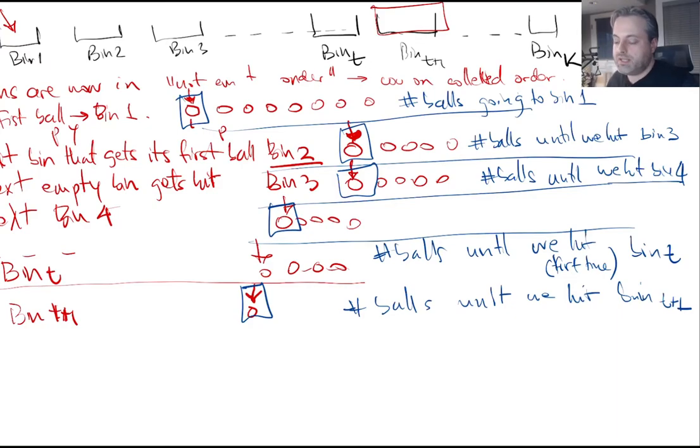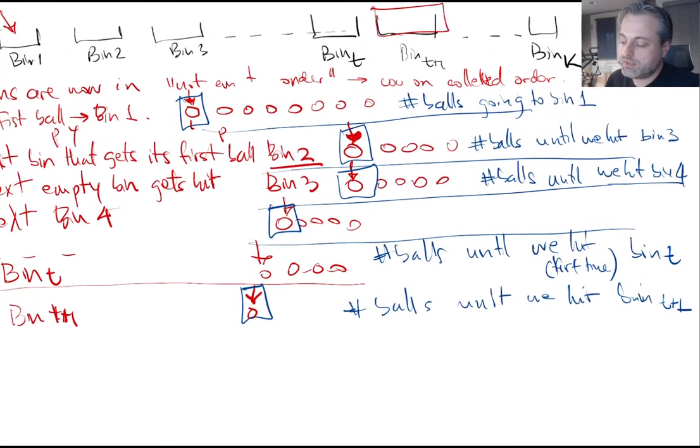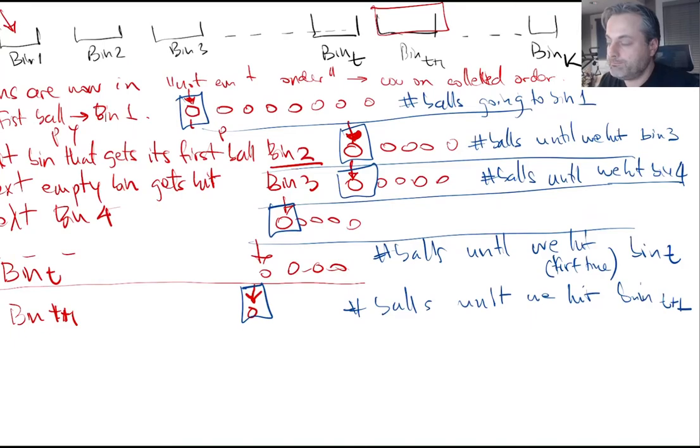So what happens here, we're gonna call these variables x1, x2, x3, and so on and so forth until xt plus 1 here, xt.